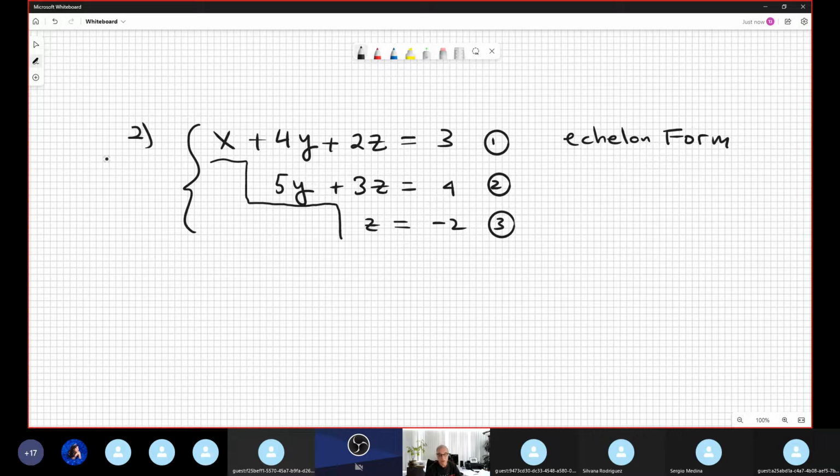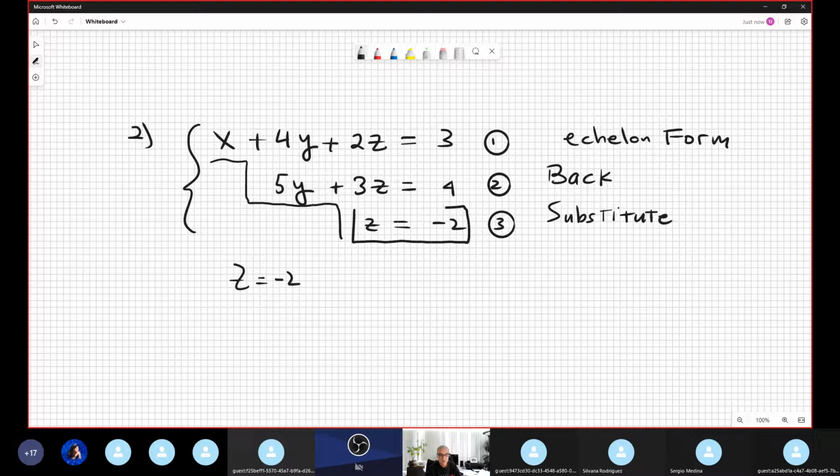Entonces, when it is echelon, we apply back substitution. I know that z is negative 2. Look at the last equation. Then you apply back substitution in the second, no? You copy 5y plus 3z equals 4, okay?